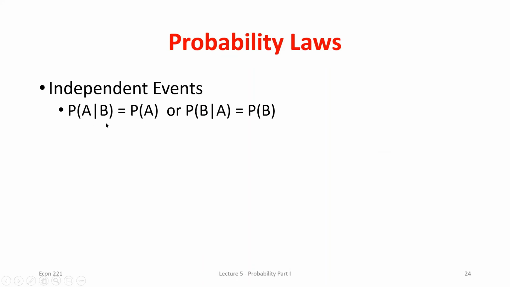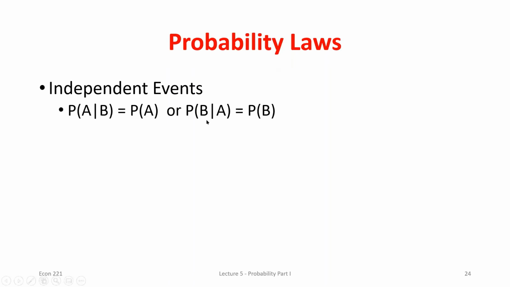If those two things end up being the same, that means the additional information was worthless, right? It didn't have any relationship to that event A. So we would say that A and B are independent, because knowing that B has occurred doesn't change the probability that A has occurred at all.